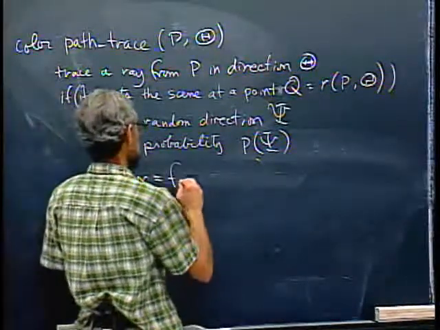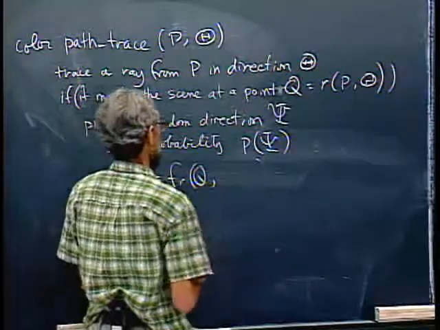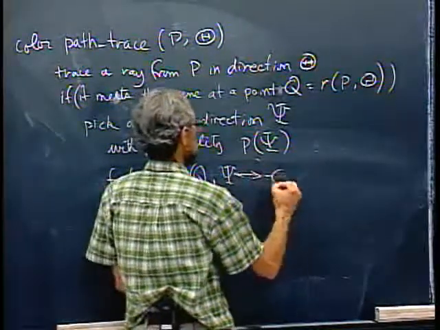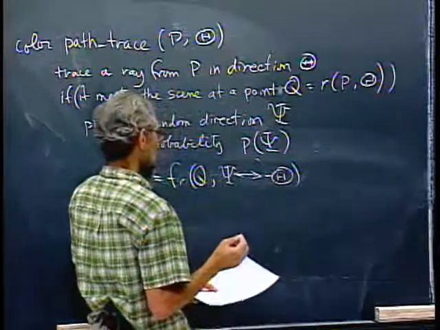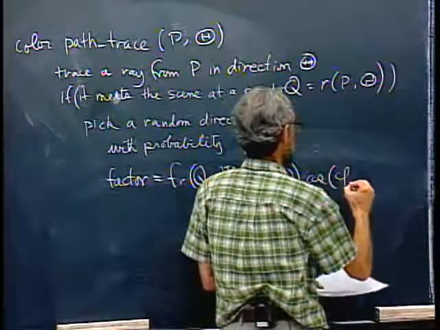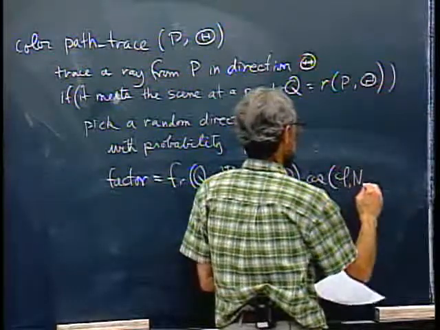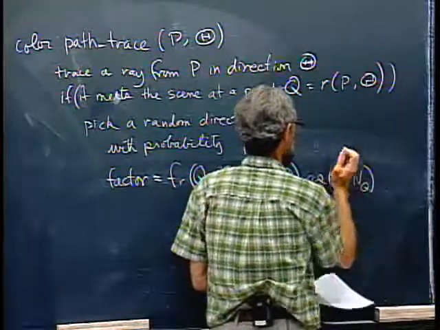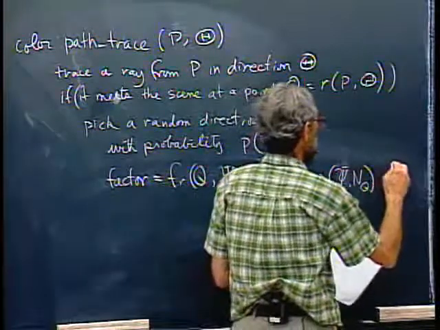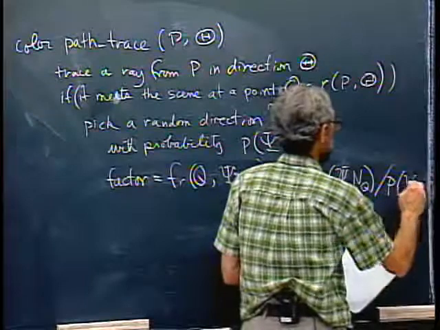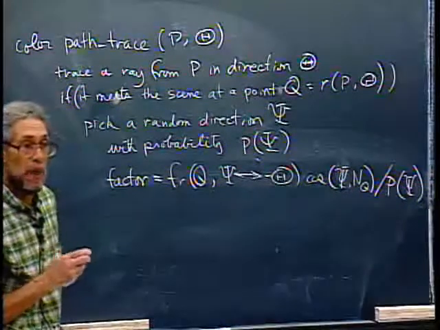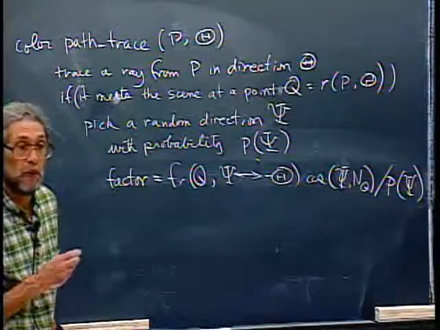It's FR at the point Q for something that enters in direction psi and reflects in direction minus theta, times the cosine of psi and the normal at Q, the normal cosine factor. And then we want to divide by the probability, right? Because when we sample this, we have to divide each sample by the probability we pick the sample. That's the standard way of doing Monte Carlo integration.